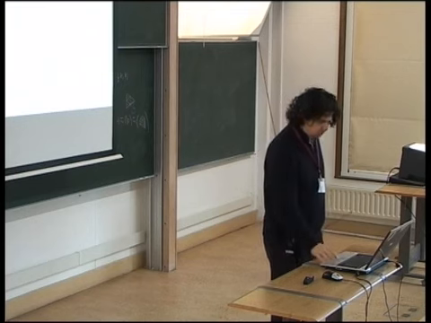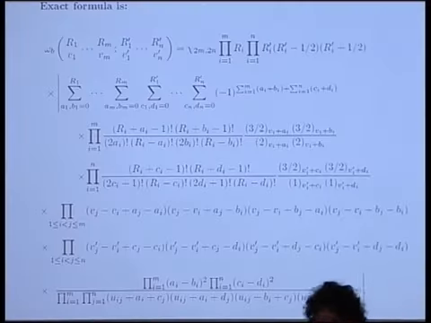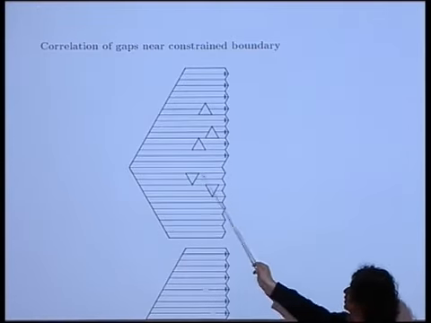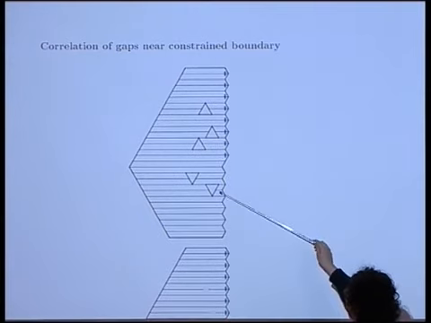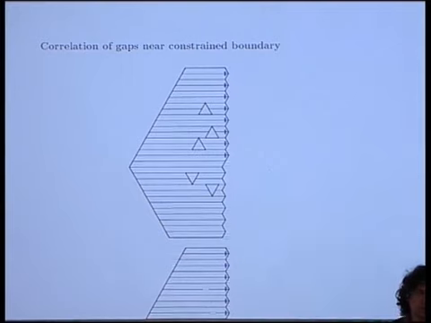That's right. Yes. The R's and V's are the coordinates of the holes. So R is the horizontal distance from the boundary, and V is the vertical distance from the defect on the boundary. Yes.